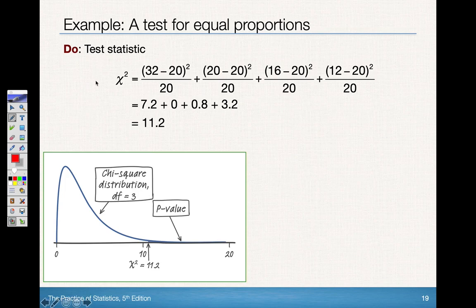You'll put observed in one column, expected in the next column, and then you'll just do L1 minus L2, and then you'll square, and then you can store it in L3. Then you're going to want to divide it by the expected counts, which is your L2.